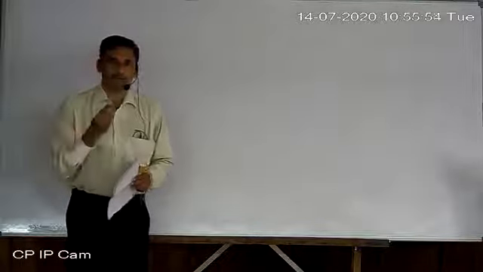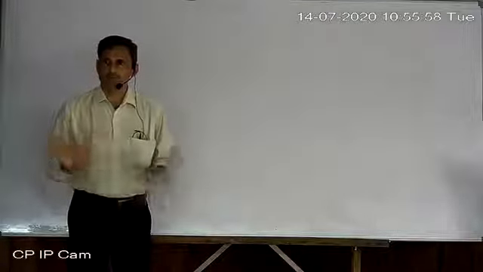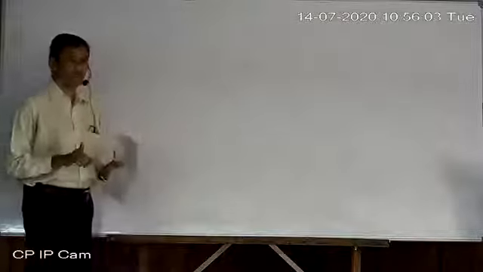Suppose any 3 parameters are given and you have to find the remaining 2 parameters, but there is no statement, no AP. Nowhere is an AP given, nowhere is a statement given.